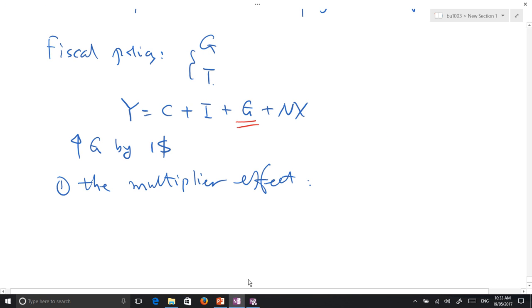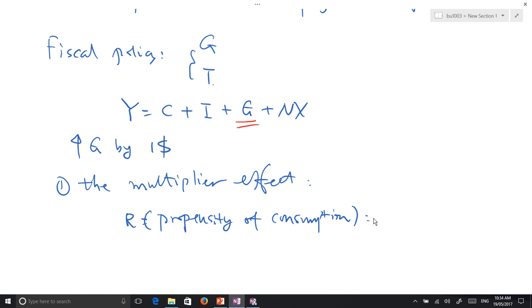let's suppose R is what we call the propensity to consume. Namely, the percentage of income that is spent, that is consumed.